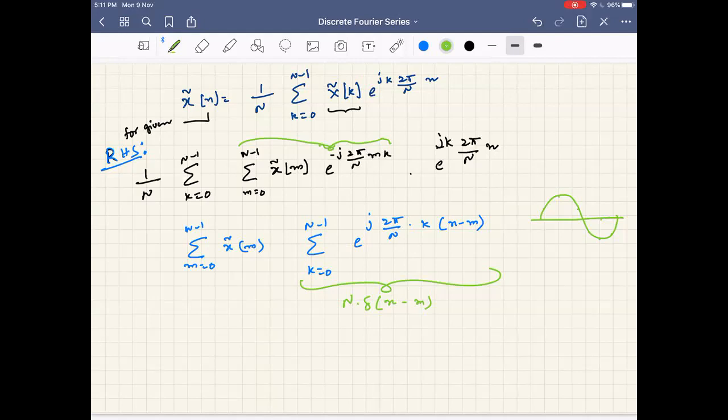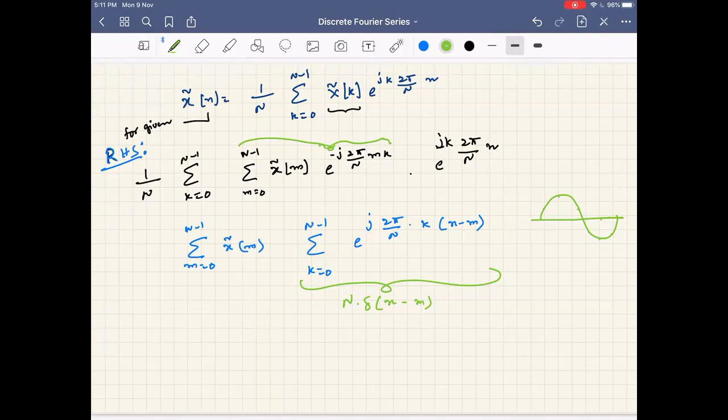If n equal to m, what happens? Then this is 1, you are summing over 0 to n minus 1, that is n times. So it is n into delta of n minus m. So this summation is equal to n if n equal to m and 0 if n not equal to m, right? This you should be clear.